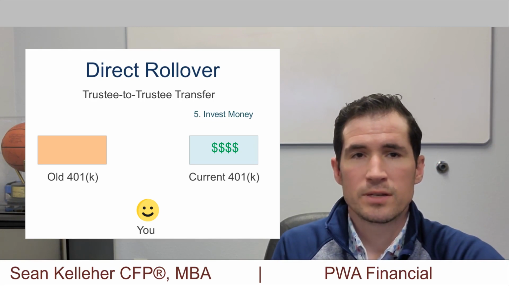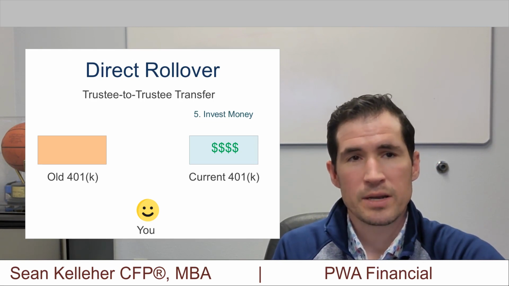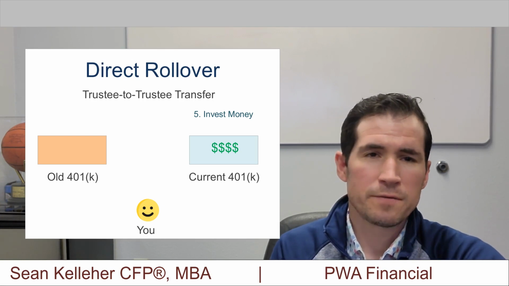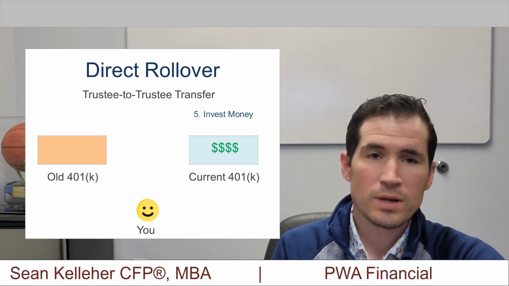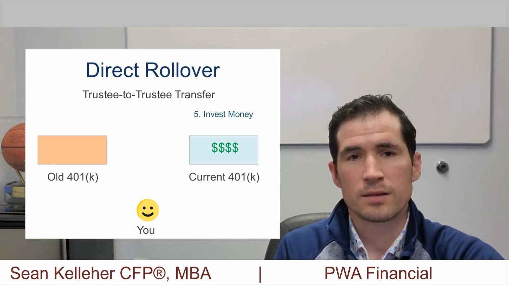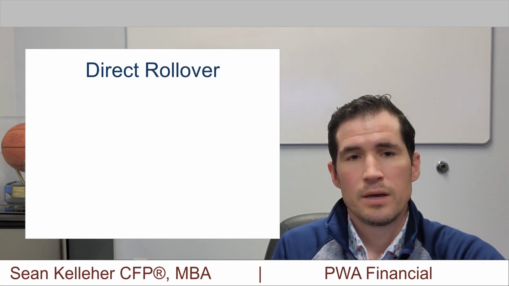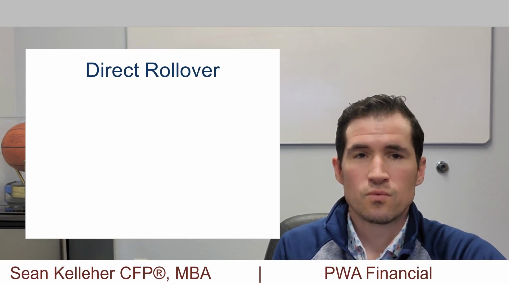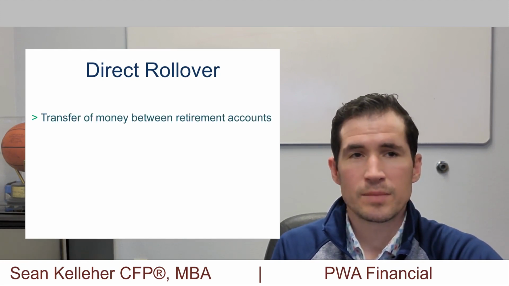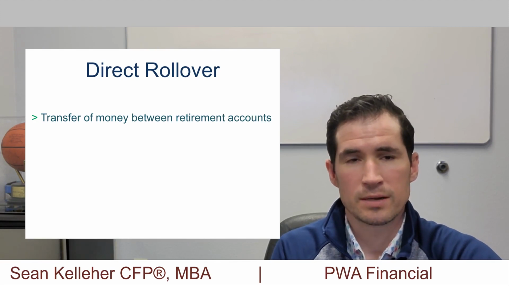After the transfer is sent, the receiving company will deposit the money into your account, usually in a few business days. And then once that money is in your account, you can direct how you would like it to be invested.